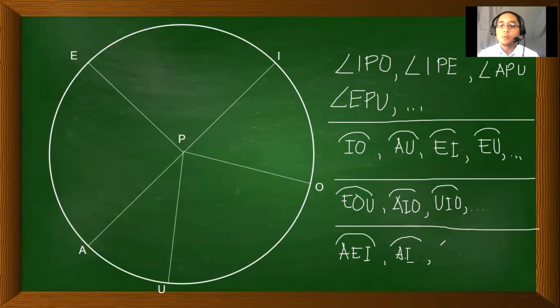You can also have the answer A, U, I. So the following answers have the same illustration, which is a semicircle. Okay, so that's it for the activity of identifying a central angle, minor arc, major arc, and semicircle.